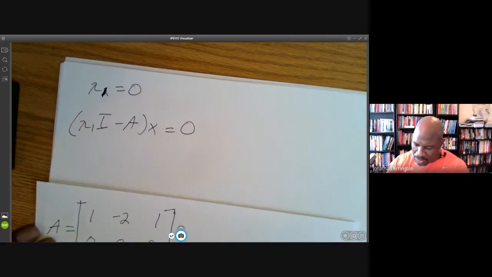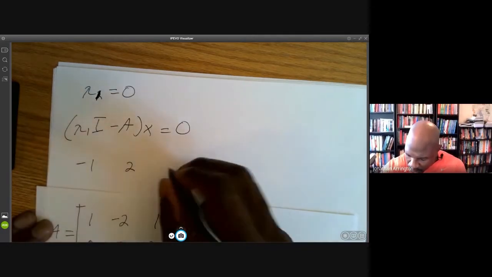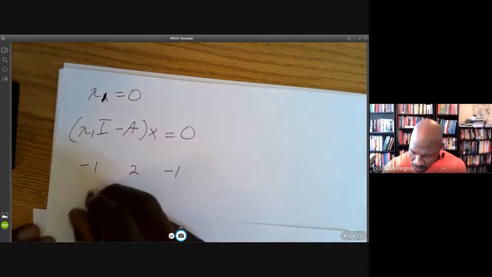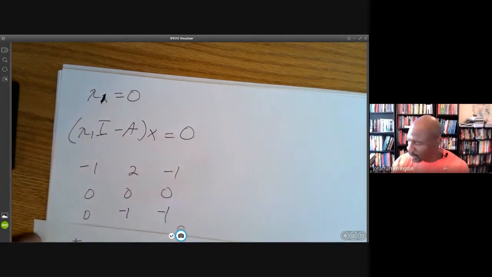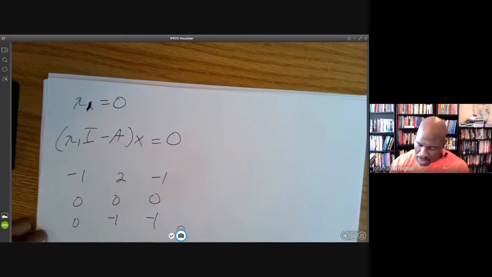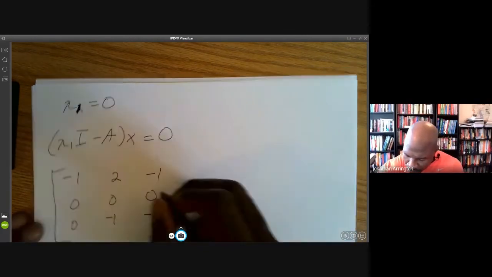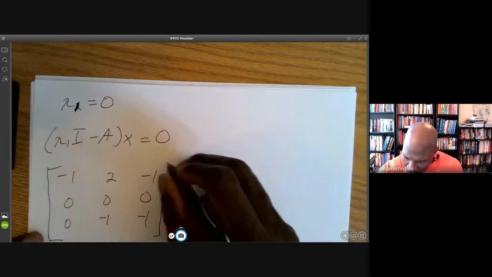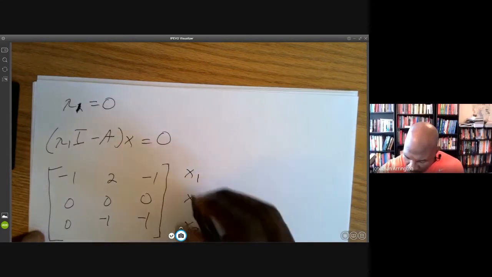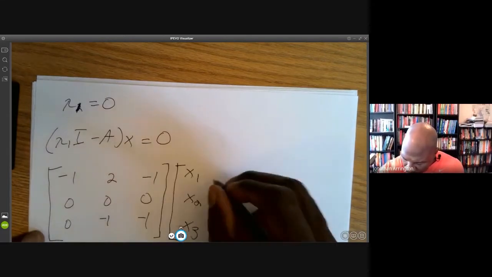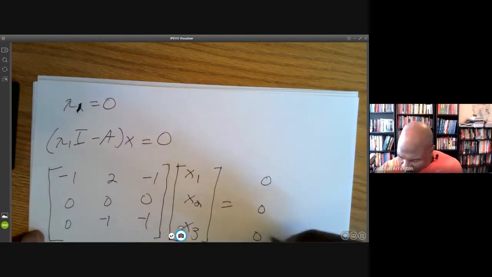Let me pull up matrix A for reference. So what we end up getting is negative 1, positive 2, negative 1, 0, 0, 0, 0, negative 1, negative 1. All right. So that's what we get for lambda 1 I minus A. And we're going to multiply this by the vector x, which has components x1, x2, and x3, and we want to get 0, 0, 0.